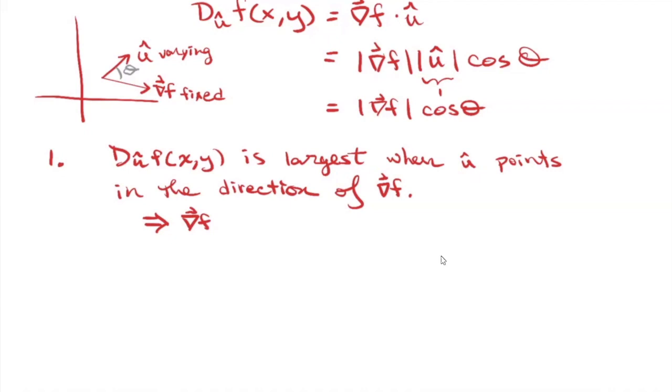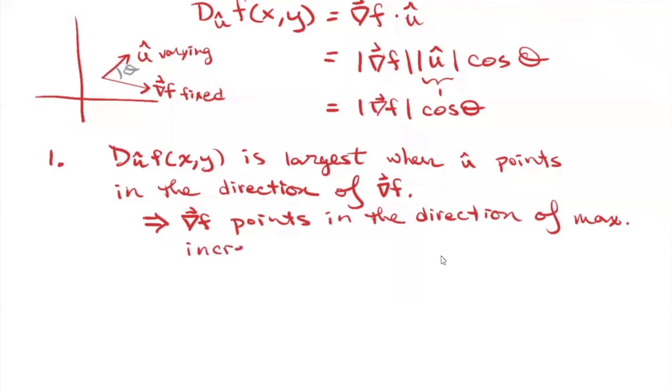So the gradient of f points in the direction of maximum increase on the surface z equals f of (x, y).